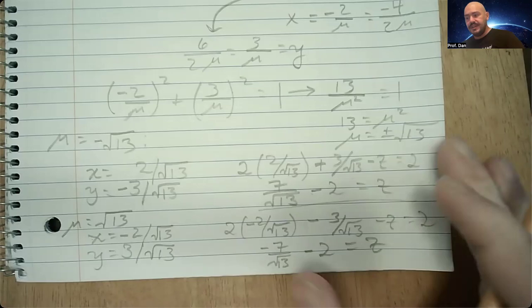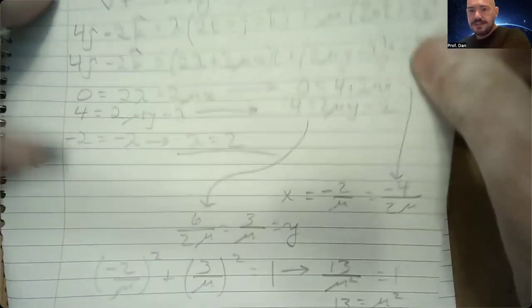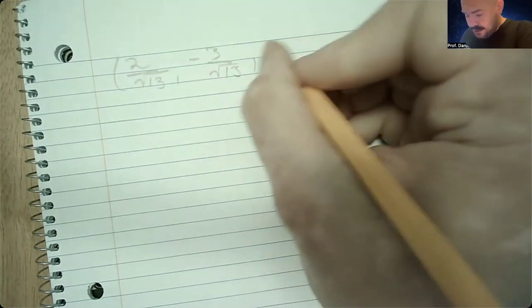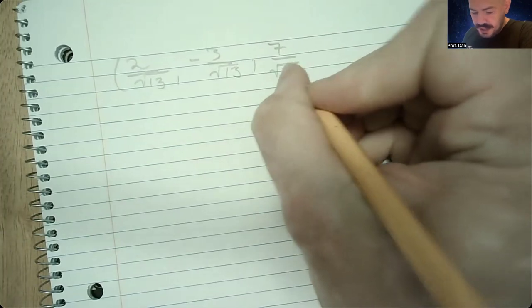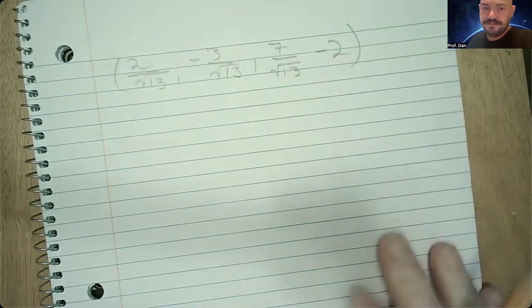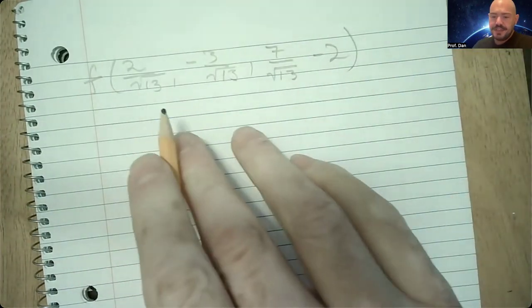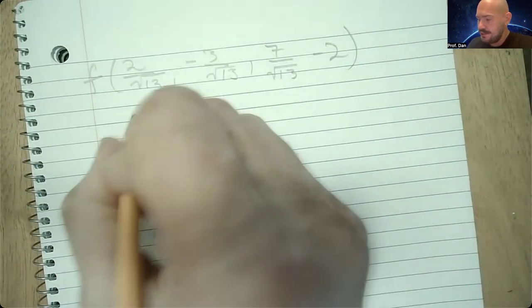Now I have the z coordinates, which means that I actually know the coordinates that I need to test. So from the case where mu was negative square root 13, we got 2 over square root 13, negative 3 over square root 13, and 7 over the square root of 13 minus 2. If I were to plug this into my original equation, the x wouldn't actually matter because there is no x in the original.